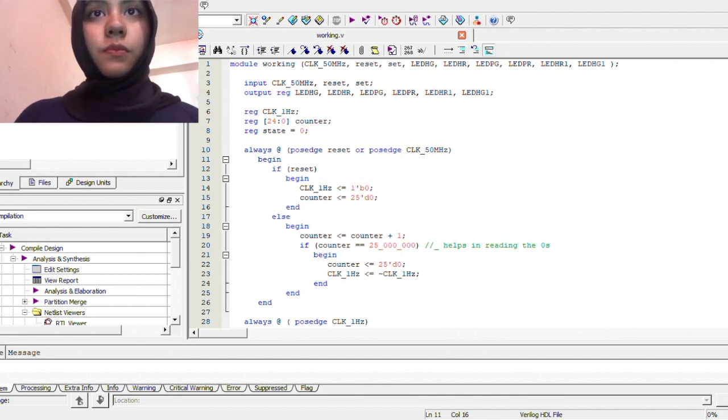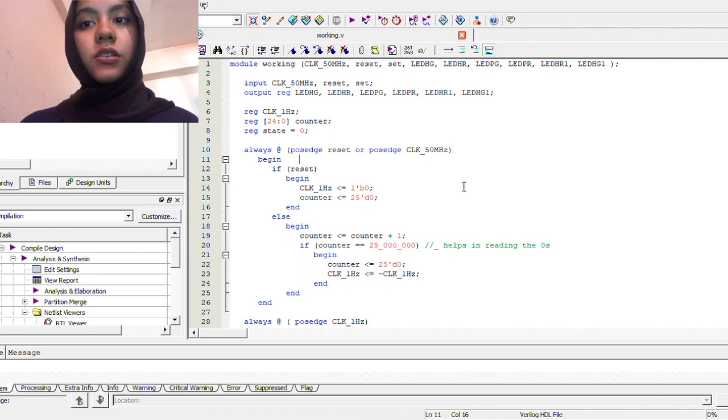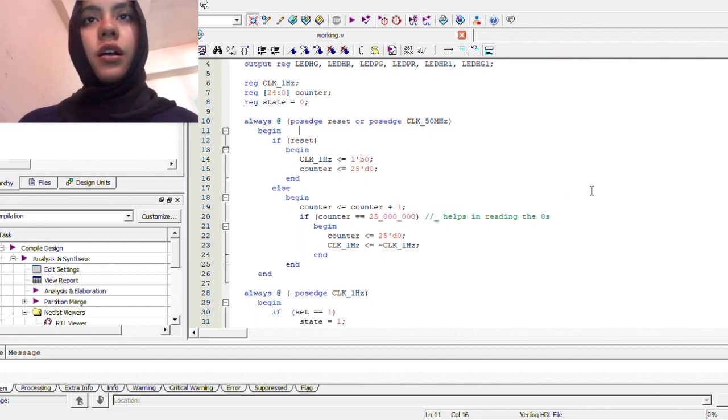The first always block is for converting the 50 megahertz clock to make the delay become 1 second, so that we can see the transition whenever it changes states. I identified that it takes about 25 mega counts to get to 1 second. That's basically the gist of the first always block.